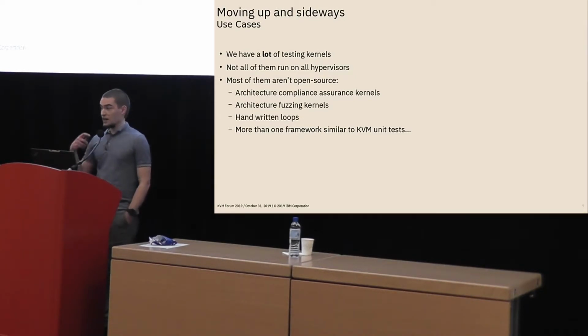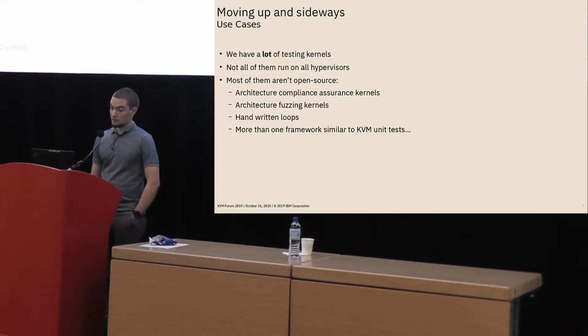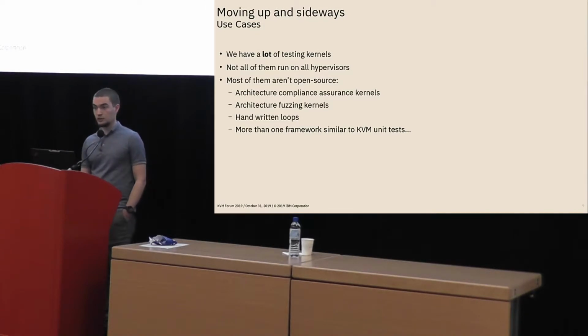And I think at least 5 frameworks similar to KVM-unit-tests. And most of the time, one person is responsible for the whole project, and that's a real bummer, because you need to know that person to get the code and to get the kernel and then be able to run it. You're left out if there are new versions of that kernel. It's annoying.